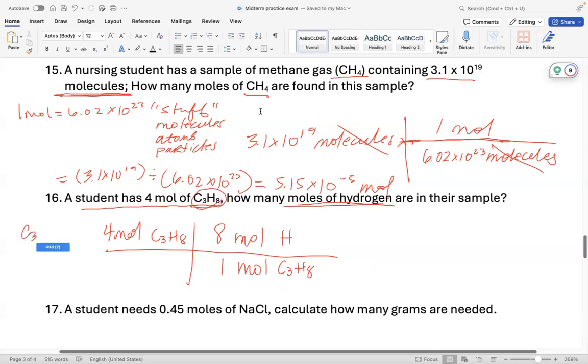So this compound is made up of 3 carbons and 8 hydrogens. So I just do 4 times 8 divided by 1 gives me 32 moles of hydrogen. I'm sorry, in 32 moles of hydrogen.